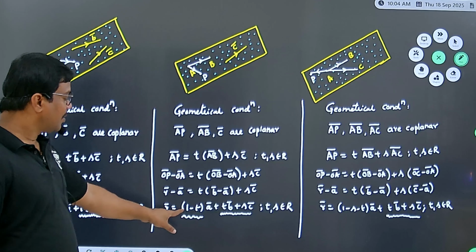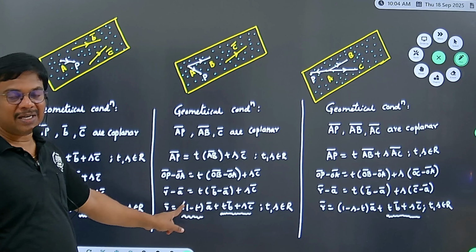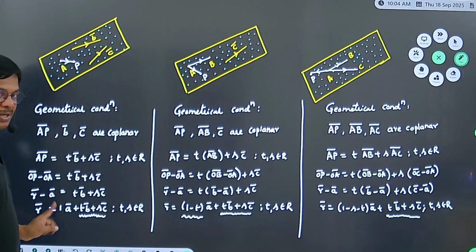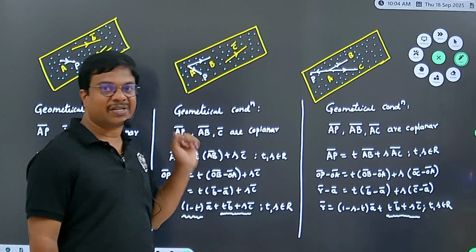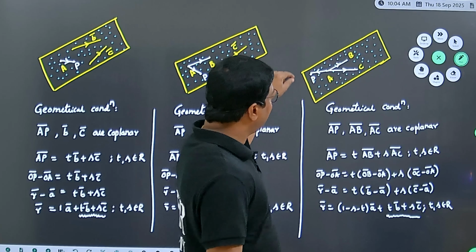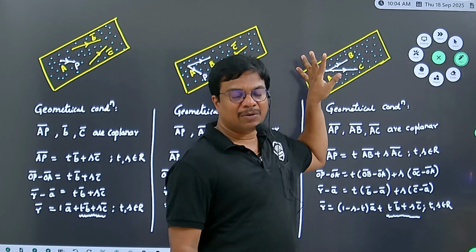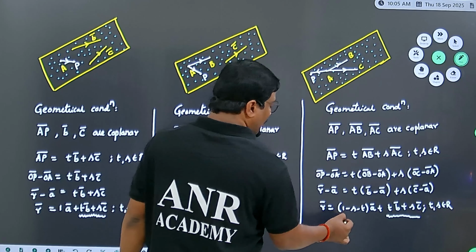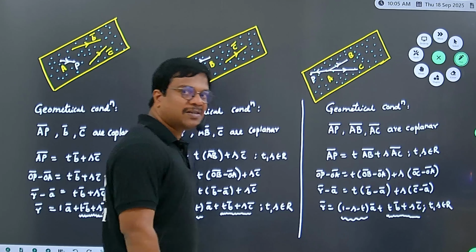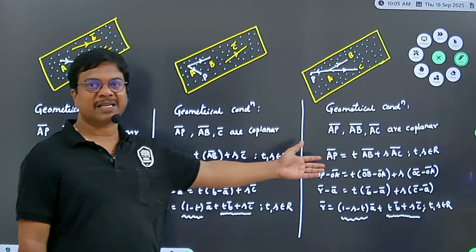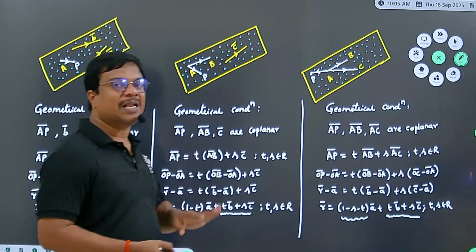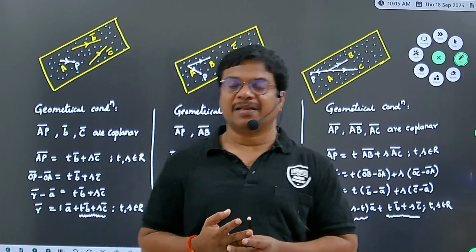For 2 points, you have to remember 1 as well as t, that is 1 minus t, the difference. If 1 point, only 1 you have to remember, that is the coefficient of A vector. And when 3 different non-collinear points A, B, C are given, then remember that the coefficient of A is the difference of 1, s, t, that is 1 minus s minus t.